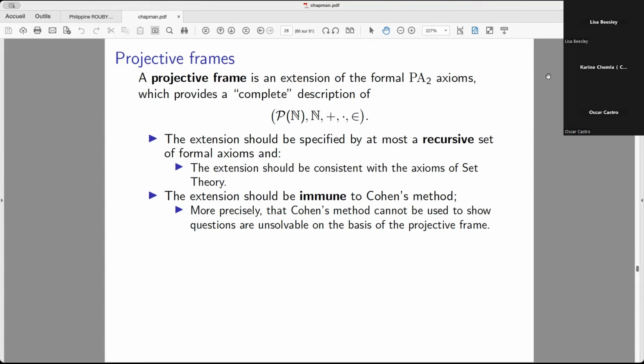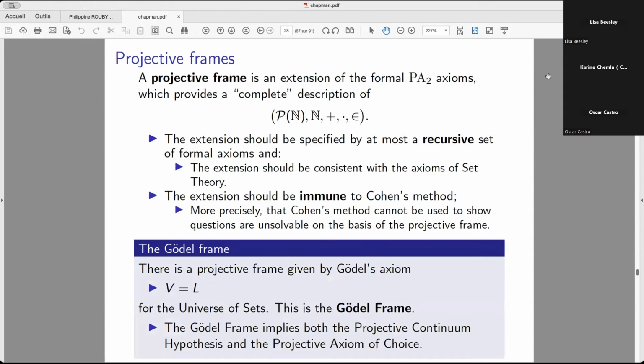The extension should be immune to Cohen's method for showing that problems are unsolvable. So if you're in a universe of sets and you have the projective frame and you apply Cohen's method, you don't change the frame. You can change what real numbers exist. I'm being vague because I don't want to bore you with many definitions.